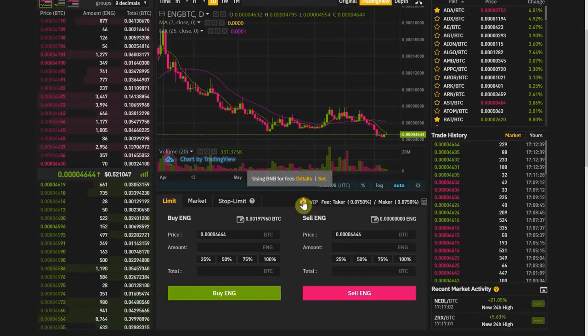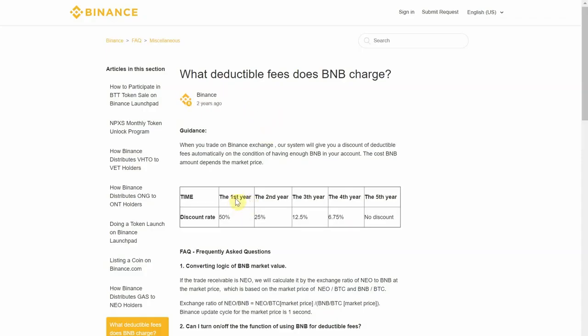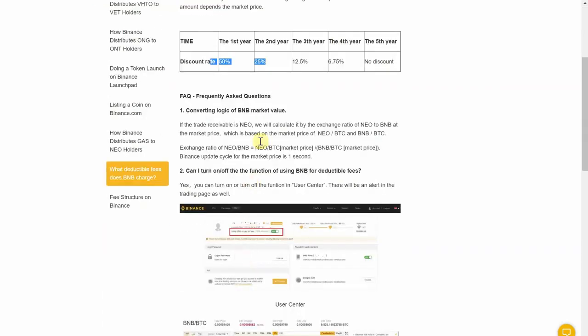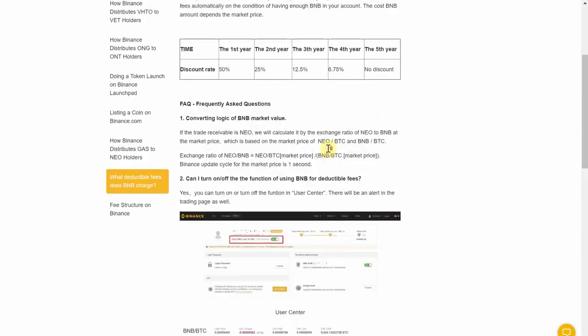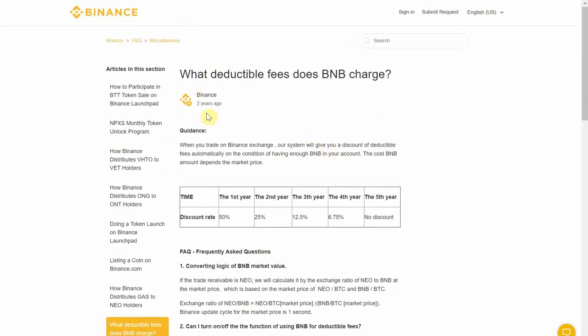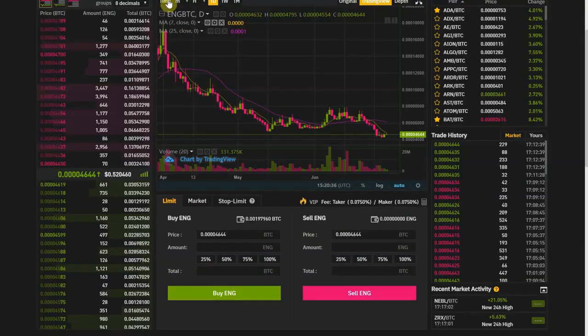And I'm not really sure how the thresholds work. Oh, okay, that's it. So you can read about it here. They explain how you convert and how does it work, basically, using BNB to pay for your fees. I strongly recommend it.